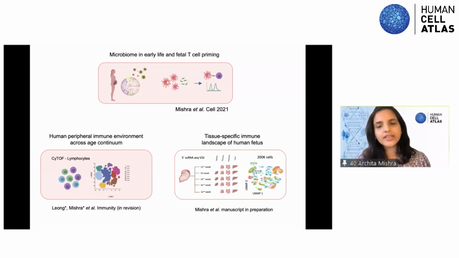And we are also using single cell technology along with the VDJ recombination technique to understand the tissue resident immune cells and how these tissue resident immune cells might help in establishing a tissue resident microbiome, because at the end of the day, they have to interact with each other.